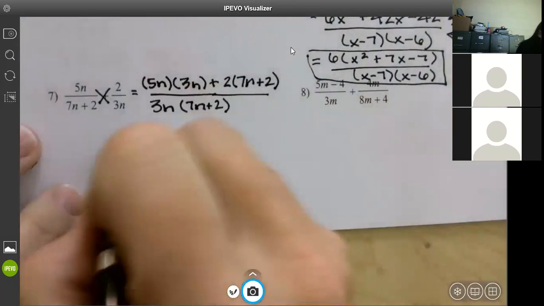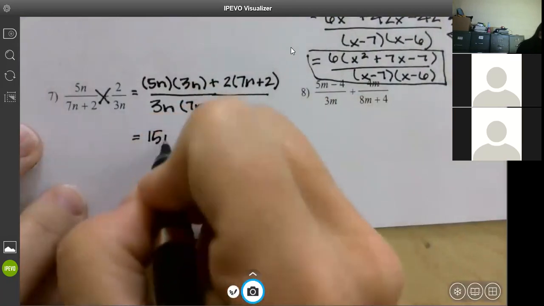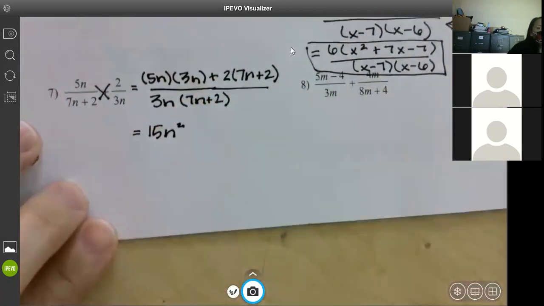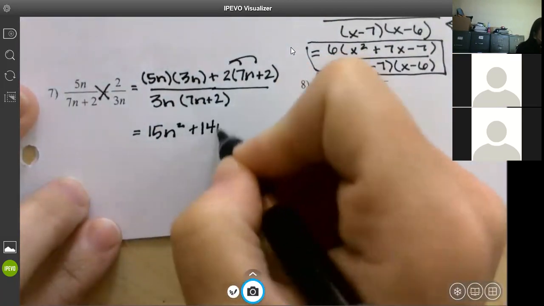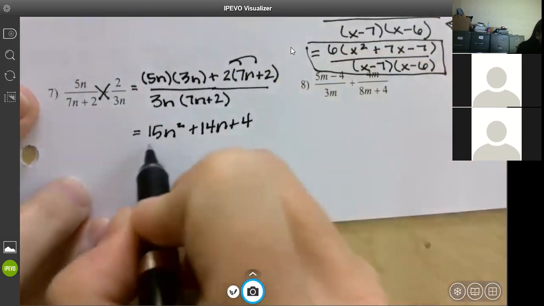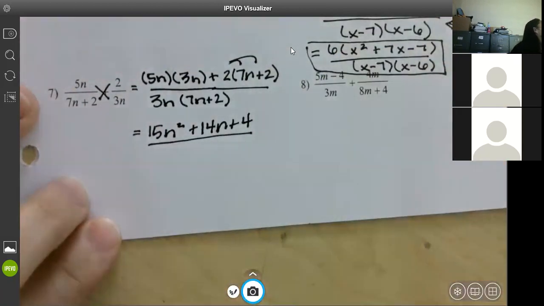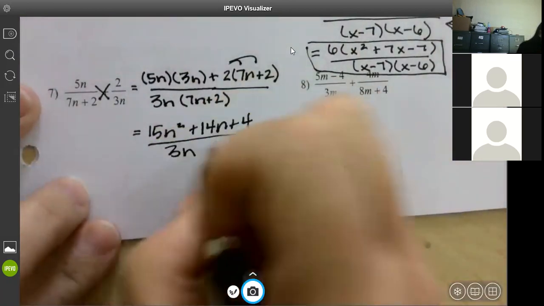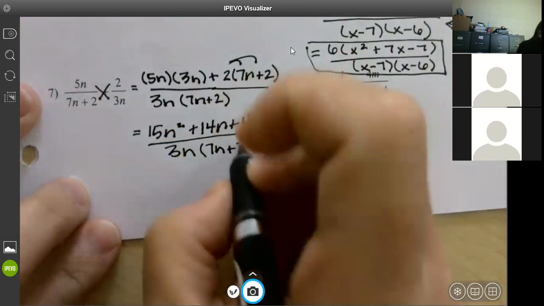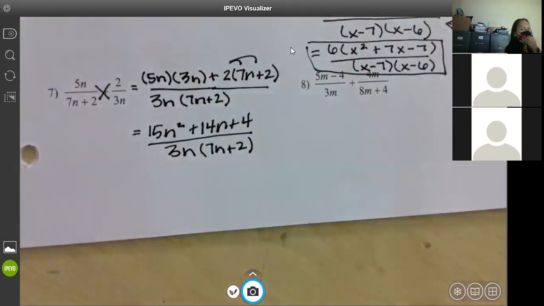And then I heard 15n squared. What's the rest of it going to be? 14. All over. You can distribute, but they're not going to distribute this out, so just leave it. Don't do more work than you have to. What do I need to check now?